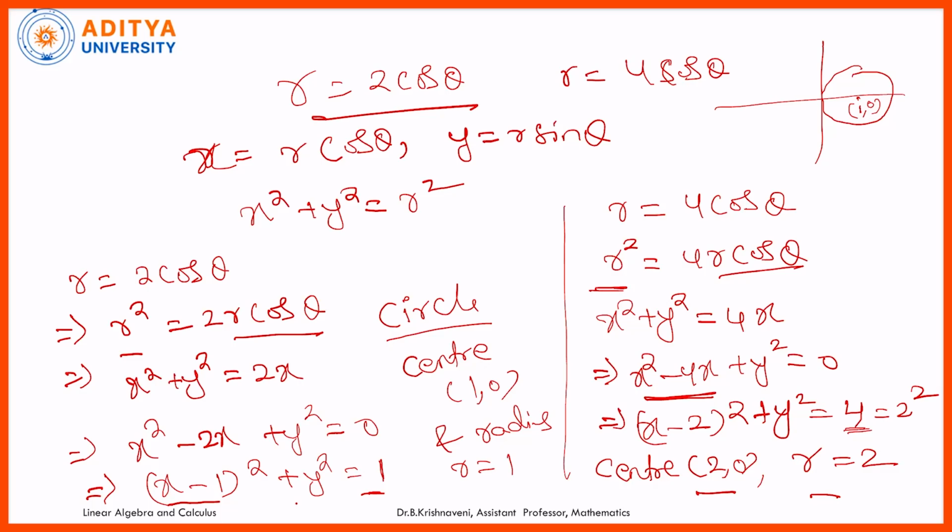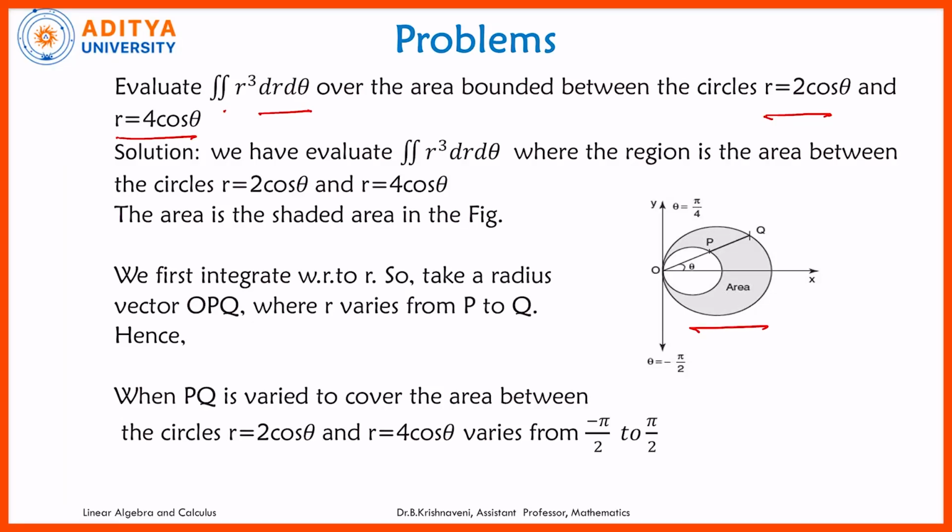Now the center (2, 0): let us take this as 2, and draw the other circle with center (2, 0) and radius 2. So the first circle has center (1, 0) and the second circle has center (2, 0). Here this is the point (1, 0) and (2, 0).